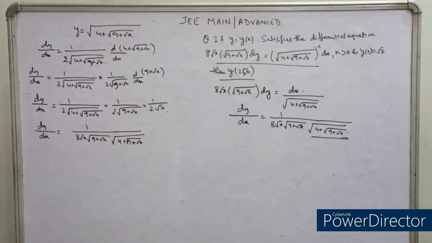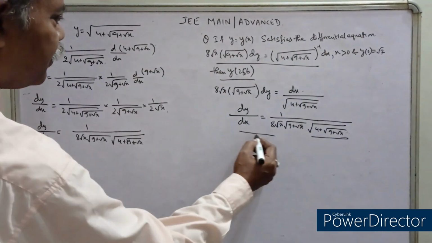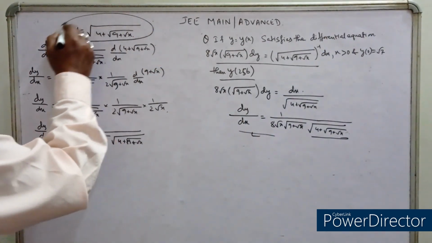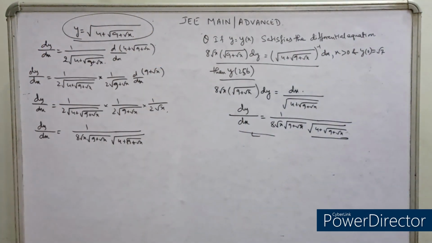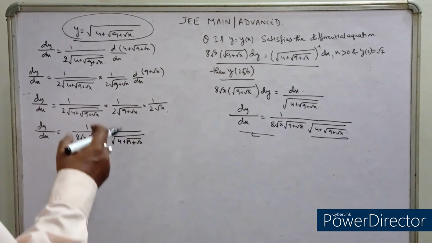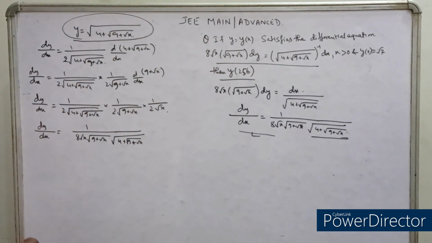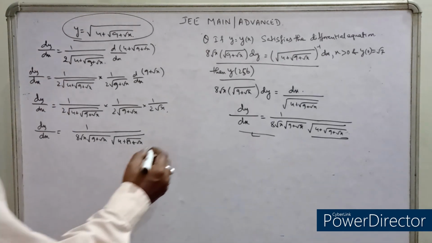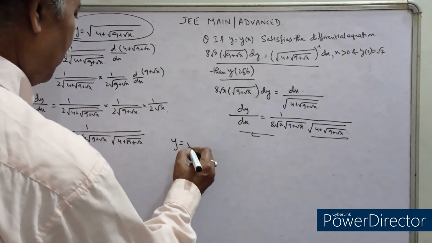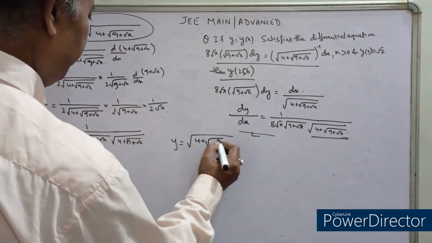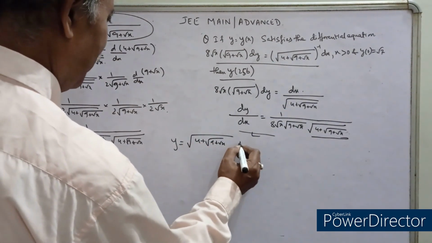So here you see, I supposed this and I got this. That means this is the solution of this differential equation. So it is clear that this is the solution. Because it is an indefinite type of integration, it is better to take y is equal to root 4 plus root 9 plus root x plus c.